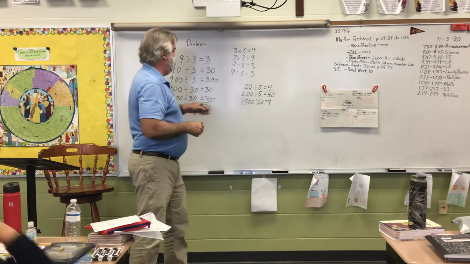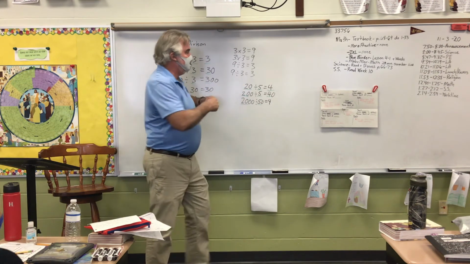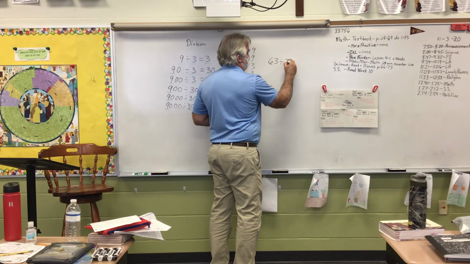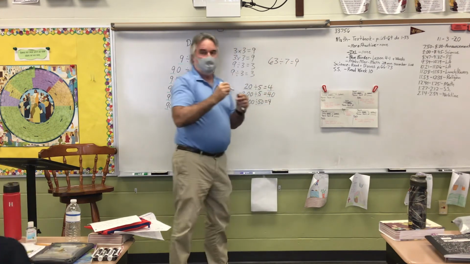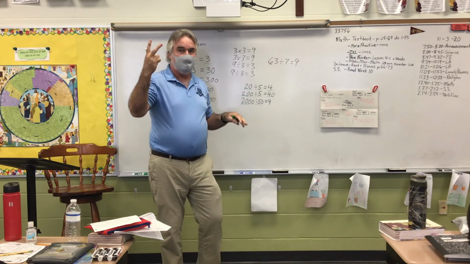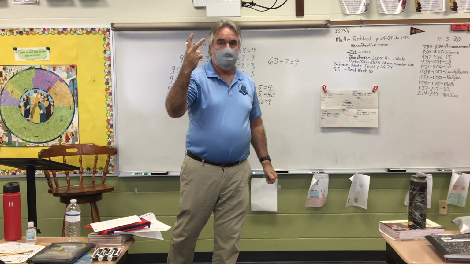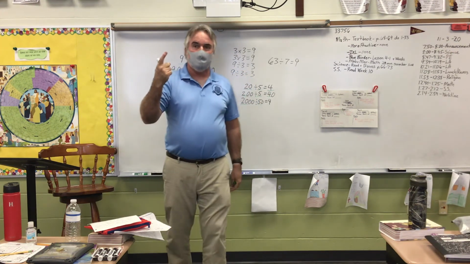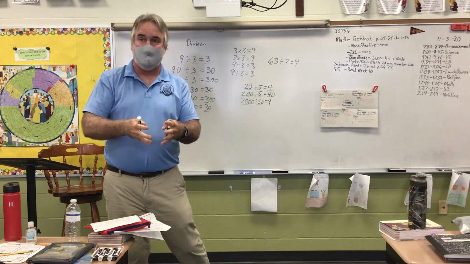Okay. If you had 63 divided by 7 equals 9, in that number 63, you have 2 digits and none of them are 0. Okay? With these 2 digits, one of them is a 0, but it's part of that basic fact.